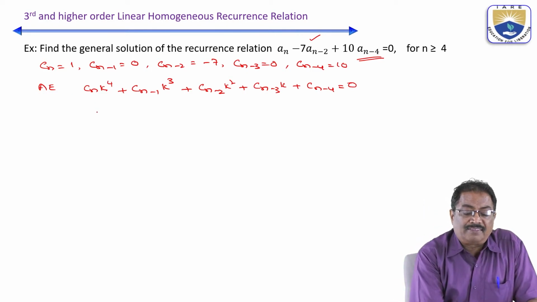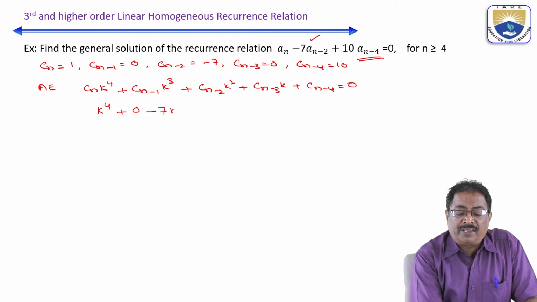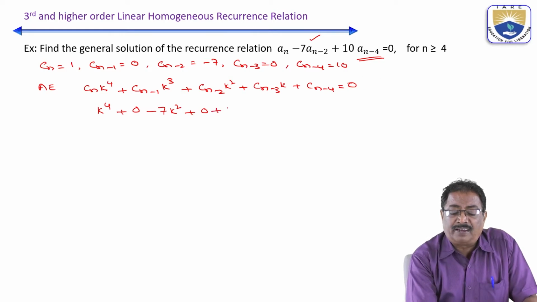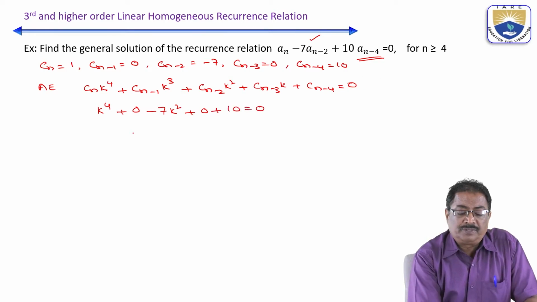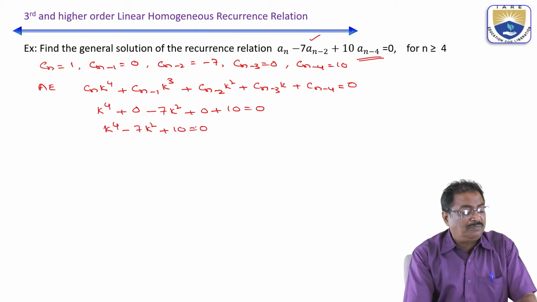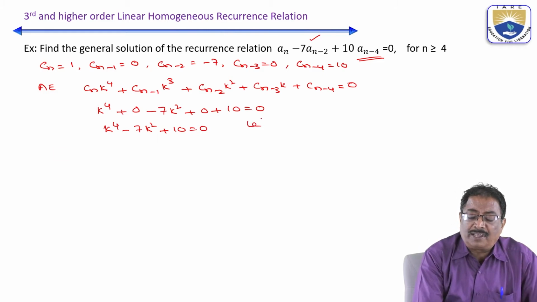So C1 is k to the power of 4, there is no Cn minus 1 term, minus 7k square, there is no term of Cn minus 3, and Cn minus 4 is 10, which equals 0. So this is k power 4 minus 7k square plus 10 equals 0. Now let us consider k square equals p.